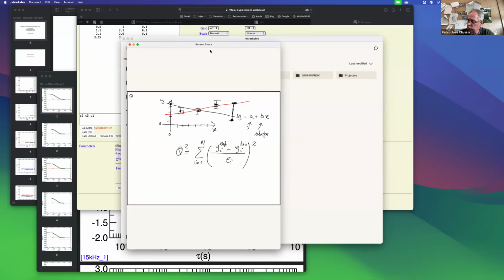And I'm using the square because this point is below the curve. So the theoretical curve is larger than the point, so this difference is negative. But for this point, the experimental point is larger than the theoretical point, so this difference is positive.